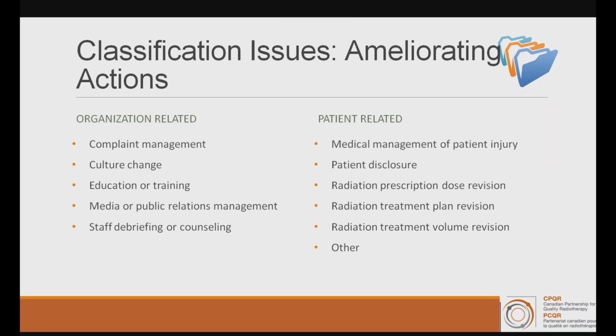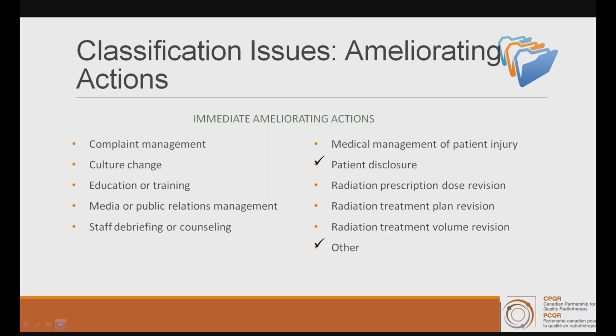So we've got our organization related and patient related. And I think it's important because often we might gloss over these and say, oh, we didn't do anything. If you haven't done anything and can't think of anything to fill out in this, maybe that's an opportunity to ask, well, why haven't we done anything?